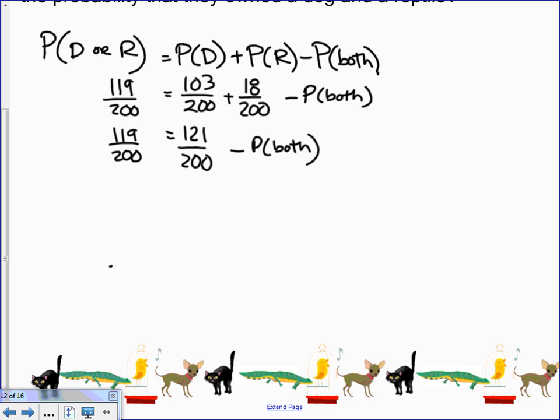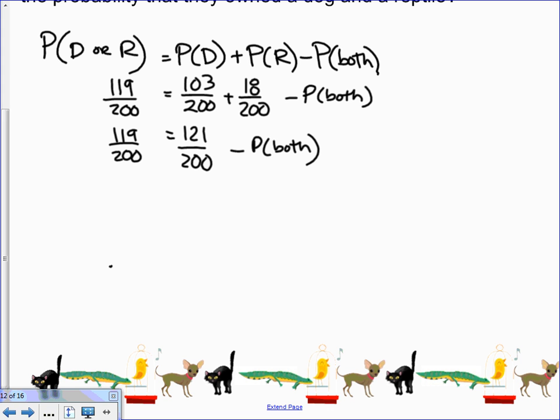Can you tell me what the probability of both is just by looking at that equation? What must you have subtracted? You could solve, okay, so you want to subtract 119 over 200 from both sides?